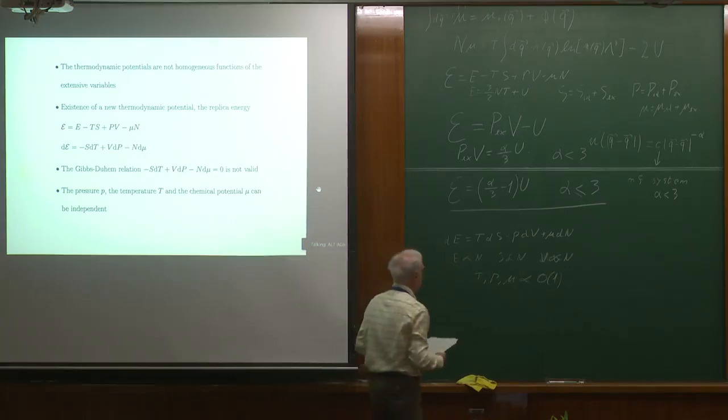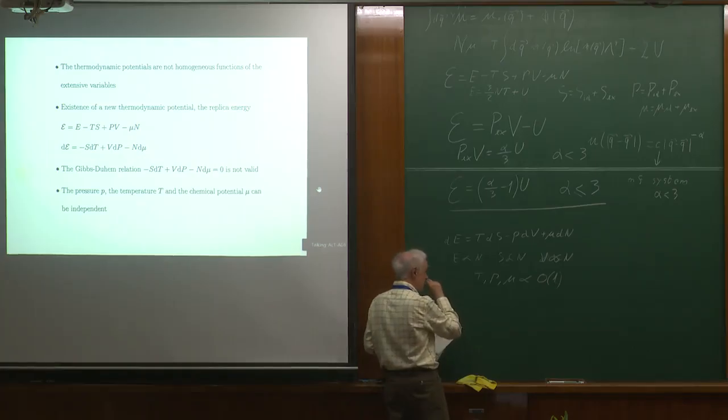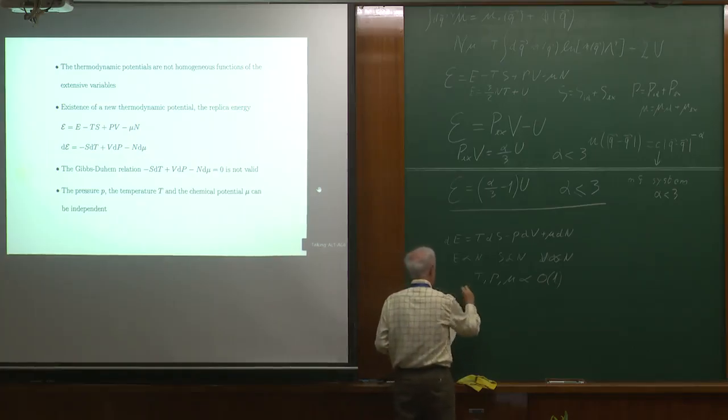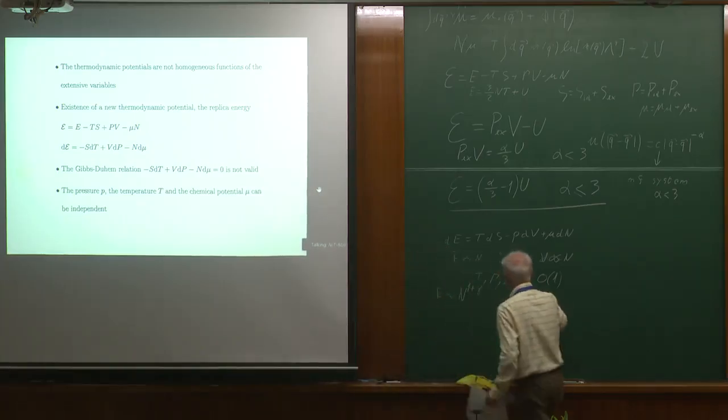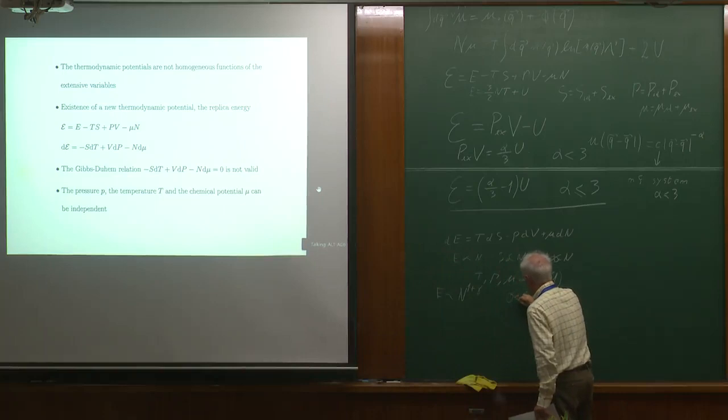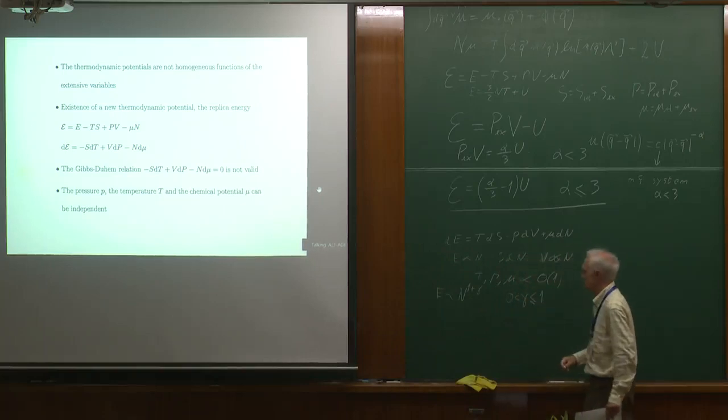Practically what you have is that the energy at large values of n will go like n to the 1 plus gamma, with generally gamma a number between 0 and 1.